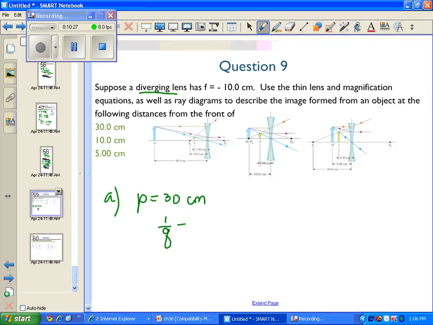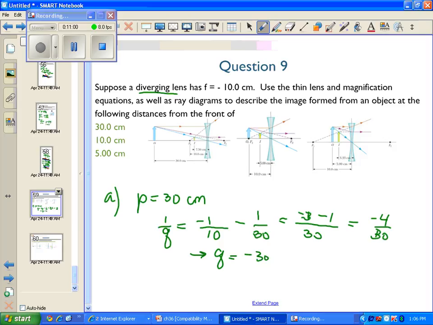So 1 over Q equals 1 over F, or minus 1 over 10, the negative because F is negative, minus 1 over P, well, that's just the 30 here, and common denominator 30, so we've got minus 3 minus 1 gives us minus 4 over 30. Q is equal to minus 30 over 4, which is equal to minus 7.5 centimeters.